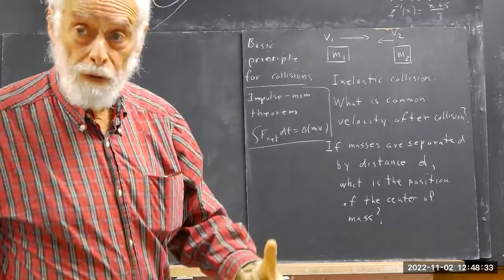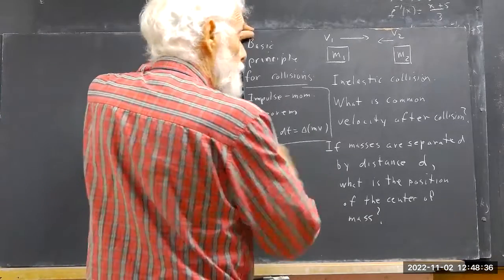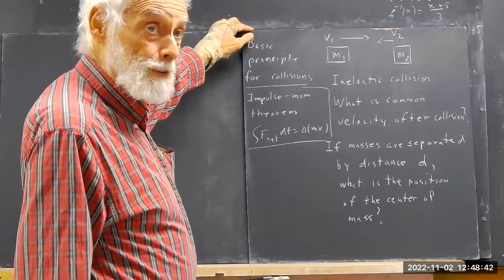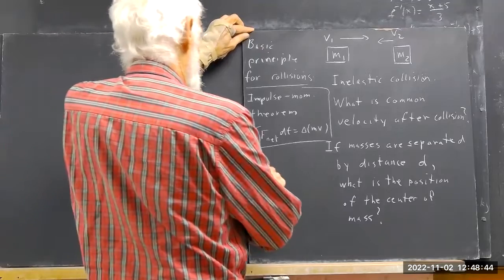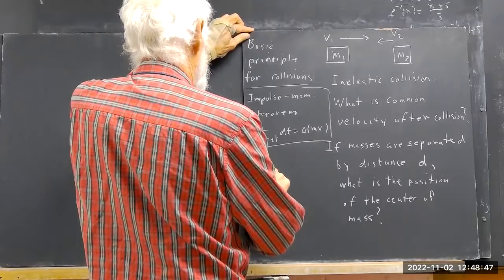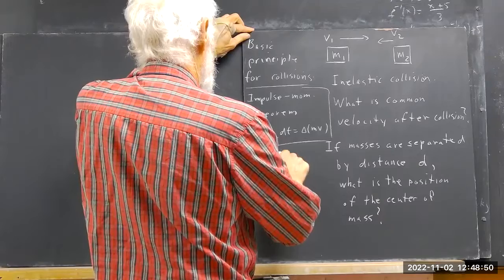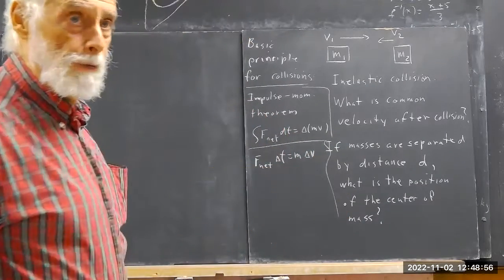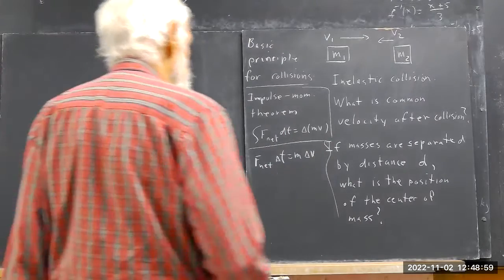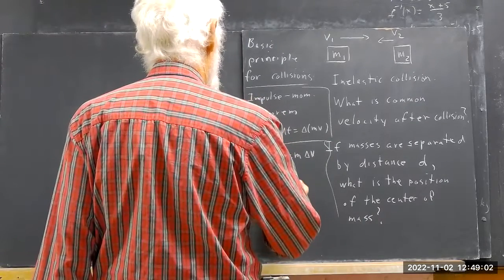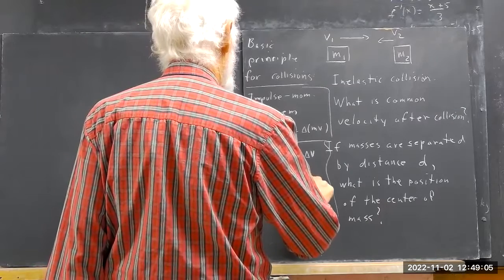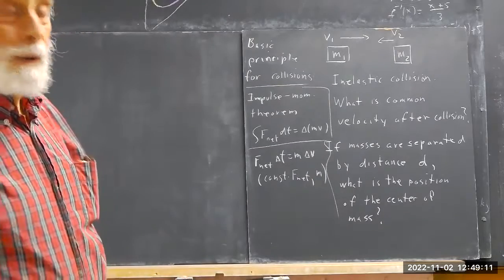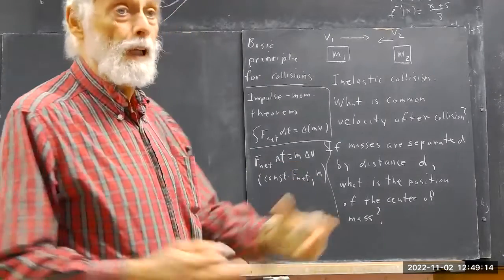Now, the way we did it in class, we used the equations of uniformly accelerated motion, said if F is constant, if net force is constant, and mass is constant, then we get F net delta T equals M delta V, assuming F net and M are constant. Because F net and M are constant, you have uniform acceleration.